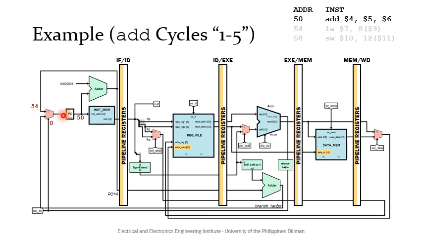In this process, cell PC must be 0. Note that the PC plus 4 value also has a path below and will be saved in the pipeline register for later use in case that the instruction is a branch. When the clock rising edge occurs, the PC will be written with the value of 54, although we'll not highlight that anymore in this slide.